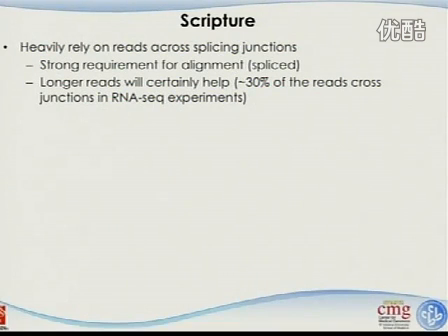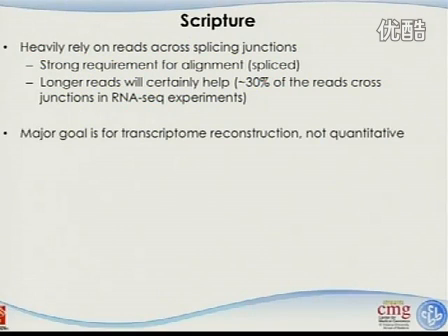And a summary for Scripture: it also relies highly on reads across splicing junctions, and it's a very strong requirement for the alignment. Longer reads will certainly help. So for this part, you need longer reads. Otherwise, it's really hard to get through. The major goal here is transcriptome construction, not quantification.